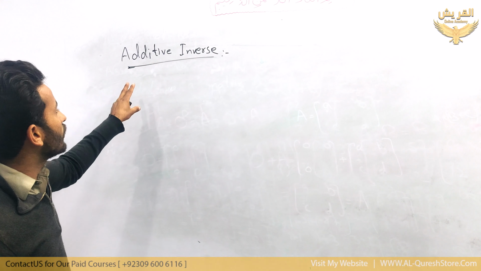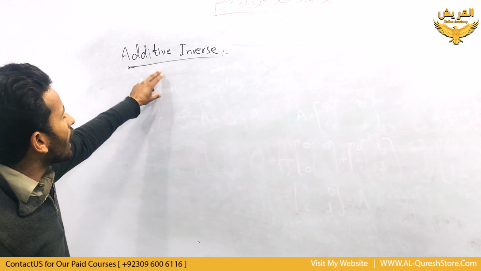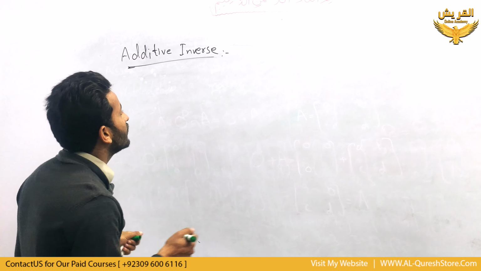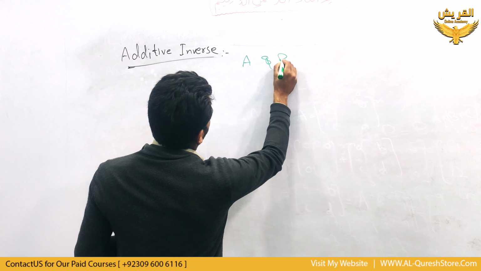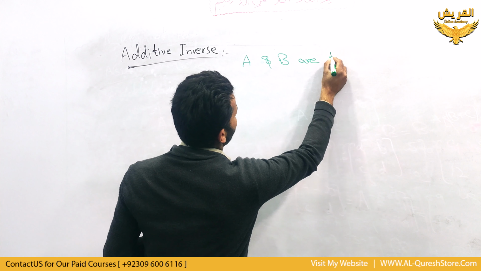Dear students, today we are going to start additive inverse. What is additive inverse? A and B are two matrices of the same order.